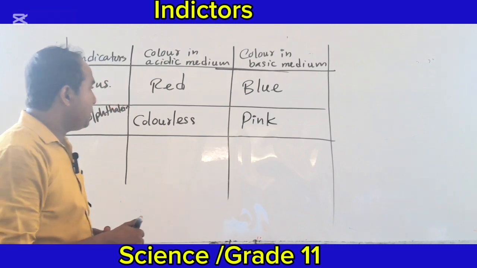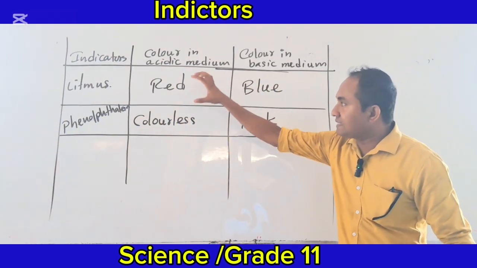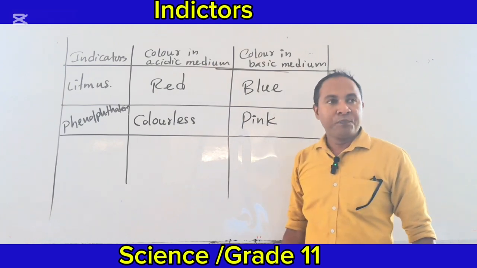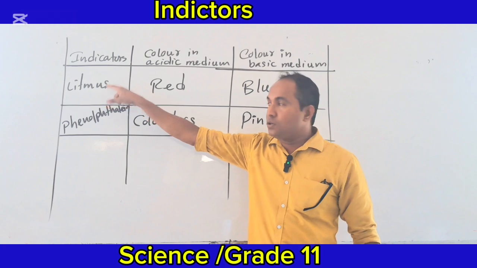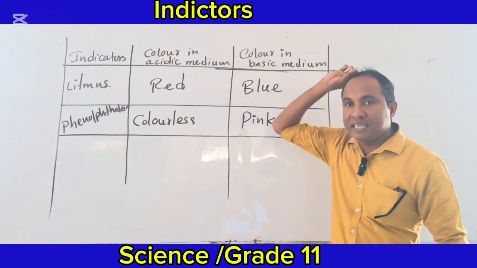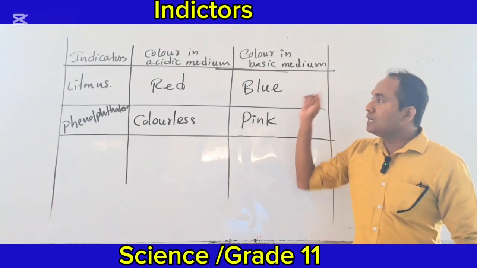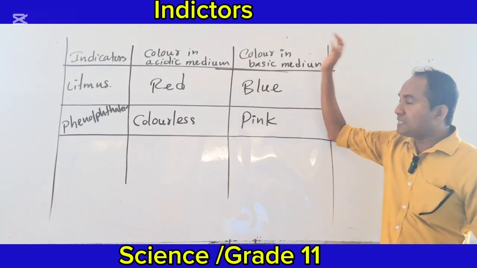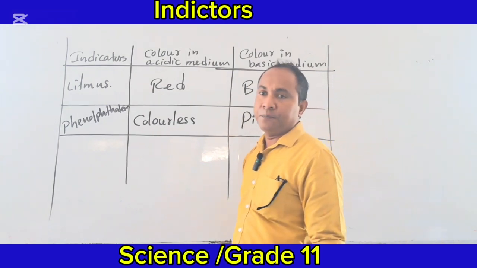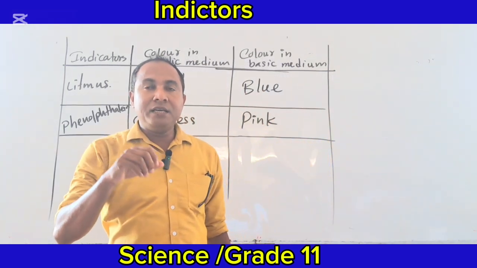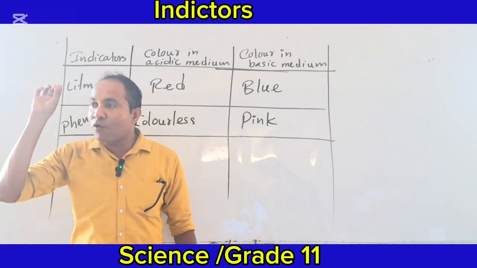Now we learned about the colors of two indicators in acidic and basic medium. Firstly, we learned about litmus: its color in the acidic medium is red, and in the basic medium is blue. After that we learned about phenolphthalein, which exists in the laboratory as a white powder.